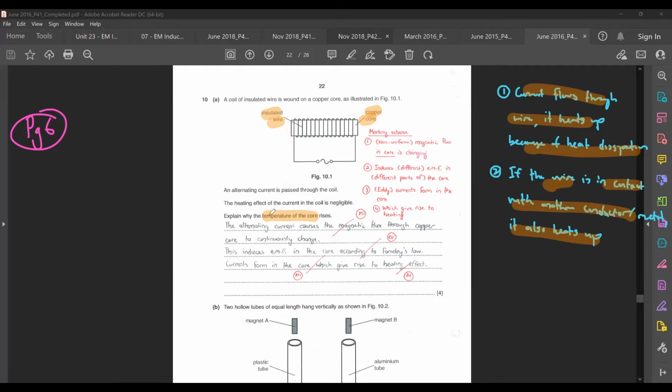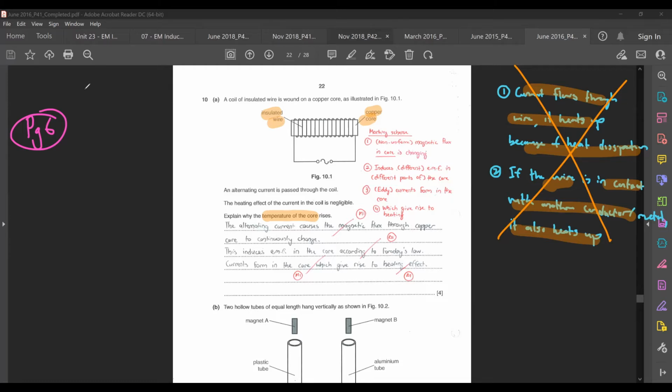Okay, so if you want to explain why the copper core is heating up, you cannot use this explanation over here. You cannot say that, oh, because current is flowing through the wire, it heats up, and then because it's in contact with the copper core, the core also heats up.